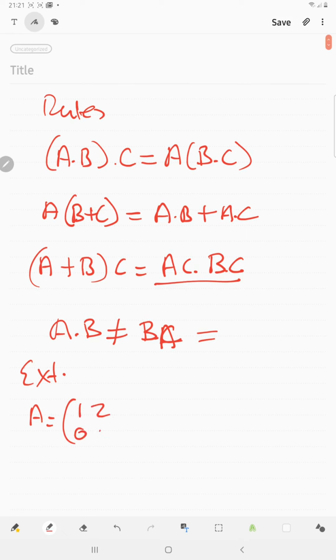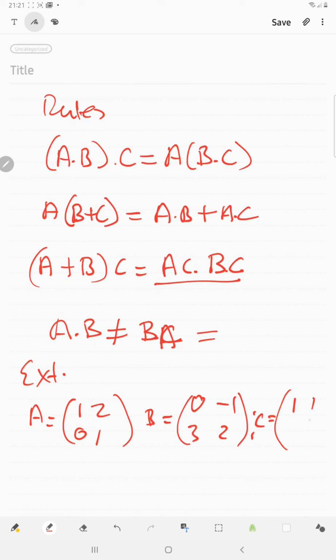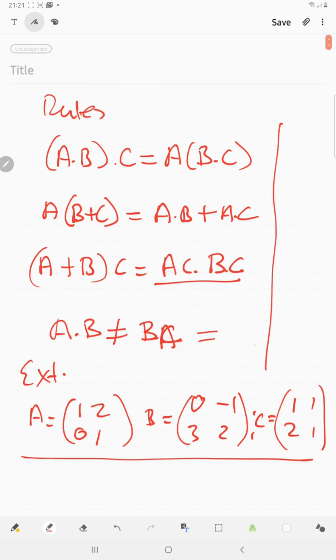We can have A as 0, 1, and then B is equal to 0, negative 1, 3 and 2, and then C as equal to 1, 1, 2, 1. I want you to prove these equations and ensure that they are the same.